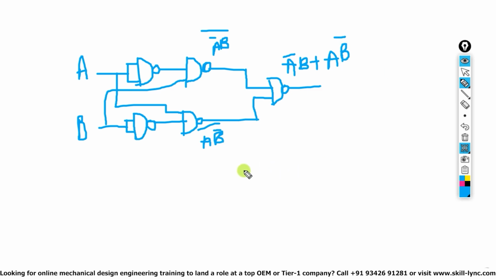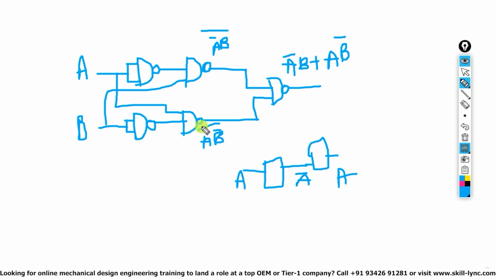Whenever you give a number and take its complement, for example it is A and you take a complement, it means a NOT gate, you get A bar. And when you put one more NOT gate ahead of this, A bar becomes A. So what is the logic of putting these NAND gates here?